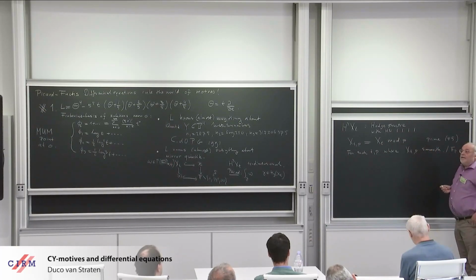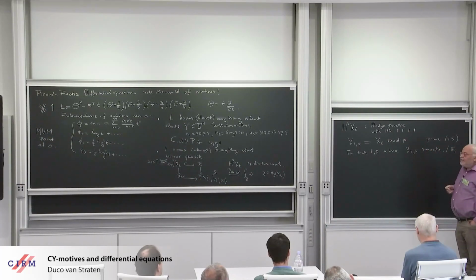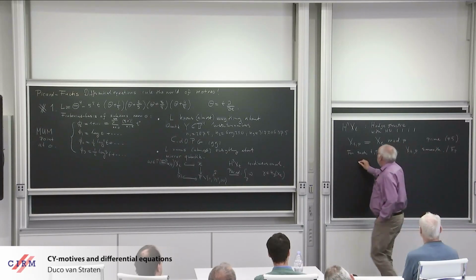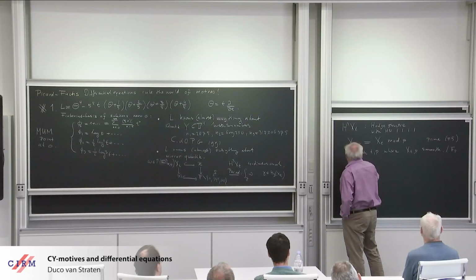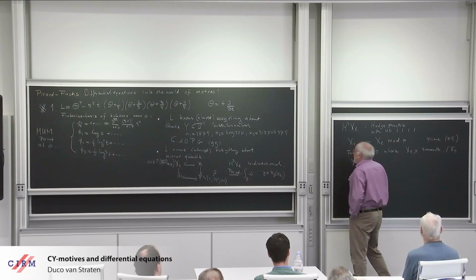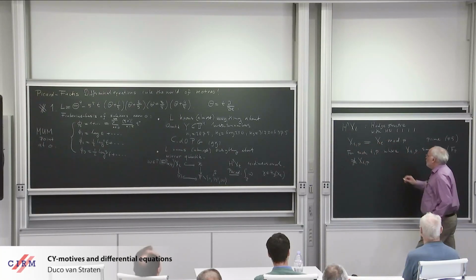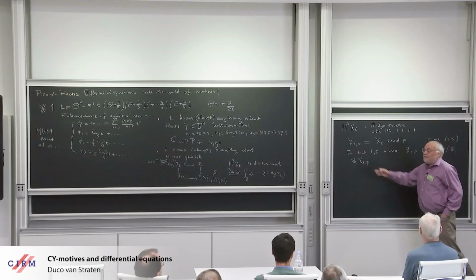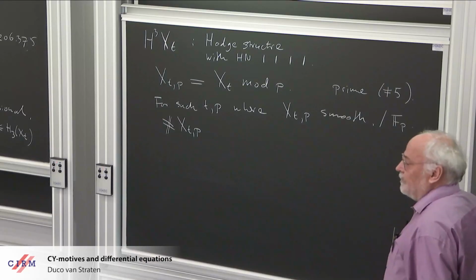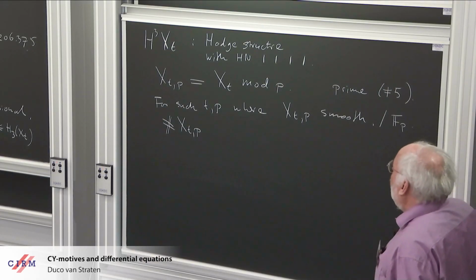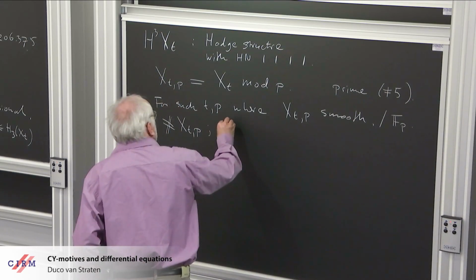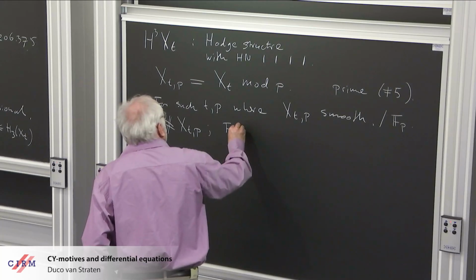And, well, we will be sort of modest, so we will maybe ask about the number of points. So, just the number of points. This is the same as the number of points of the scheme with coordinates in F_p. Or we can look at the Frobenius, another Frobenius.